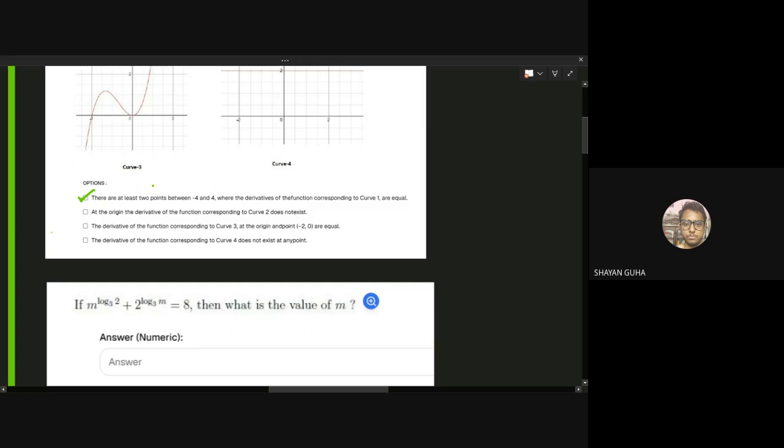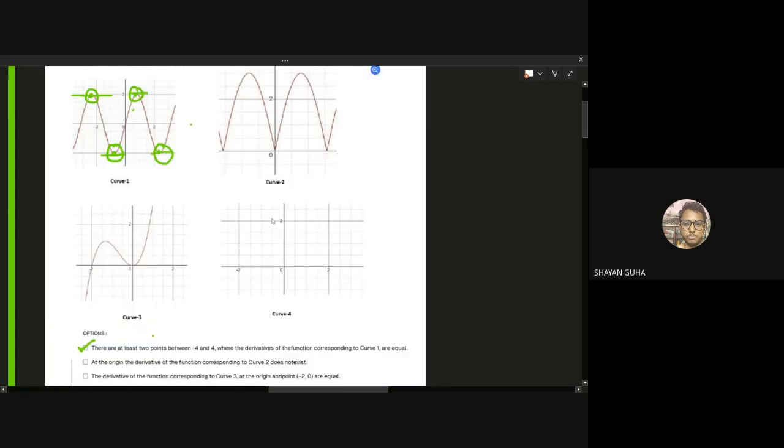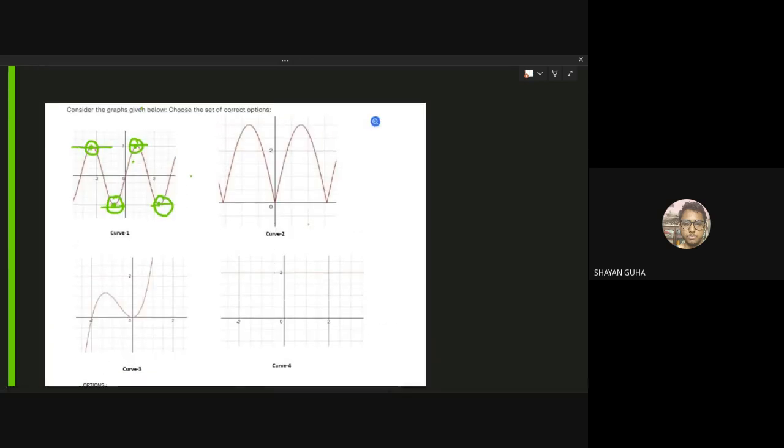Now moving on to the second part. At the origin, the derivative of the function corresponding to curve 2 does not exist. So if I see curve 2, now let me tell you something. If you see a curve where the graph of the function is pointy, something like this, something like this, we can easily say that at these particular points the derivatives won't exist.